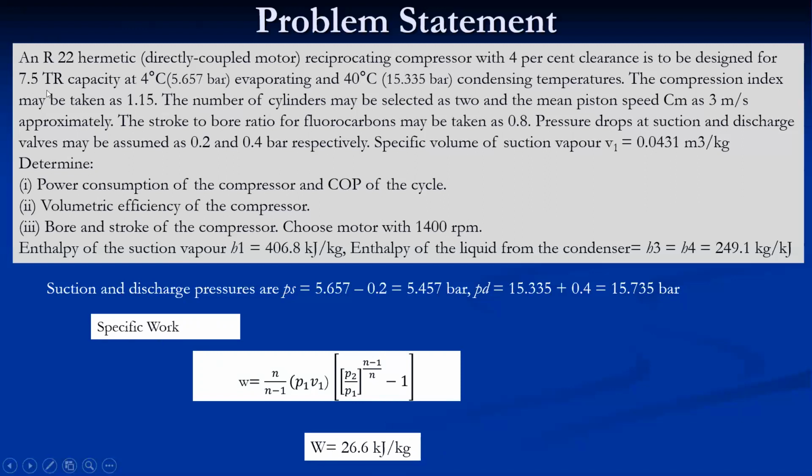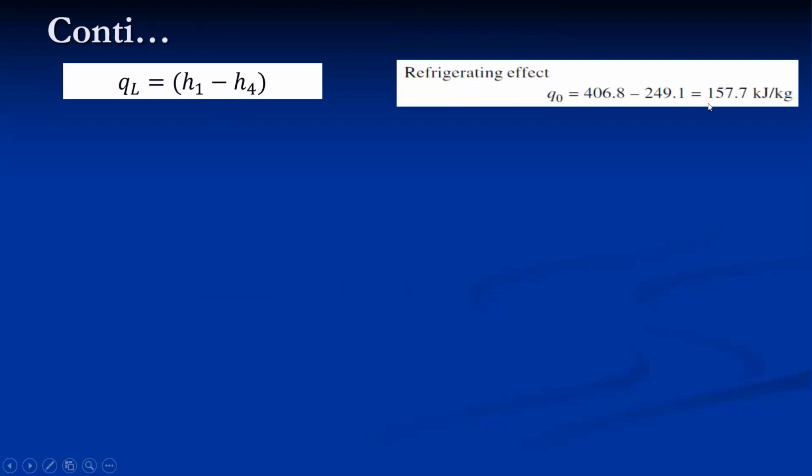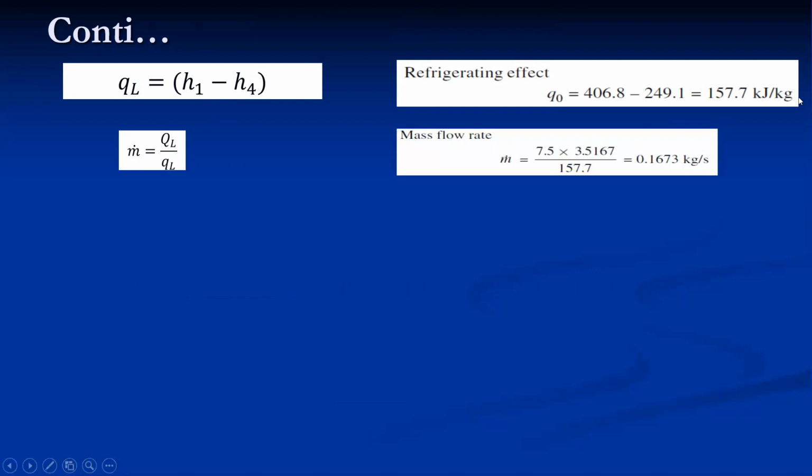So cooling capacity is given. First of all, we'll calculate the refrigerating effect, that is H1 minus H4, both values are given. So that comes out to be 157.7. Then mass flow rate is cooling capacity, which is given as 7.5 TR, multiplied by 3.517, divided by refrigerating effect.